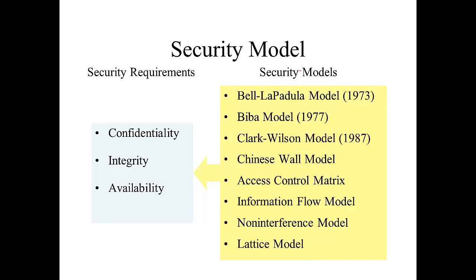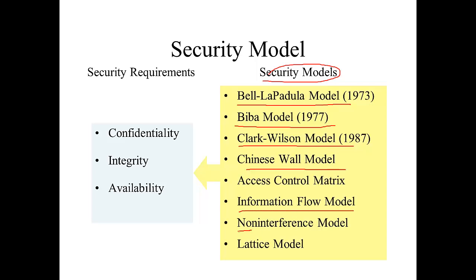In the past, there have been many security models. One is called the Bell-LaPadula model. The second is the Biba model. The third is the Clark-Wilson model. Then we also have the Chinese wall model, information flow model, non-interference model, lattice model.